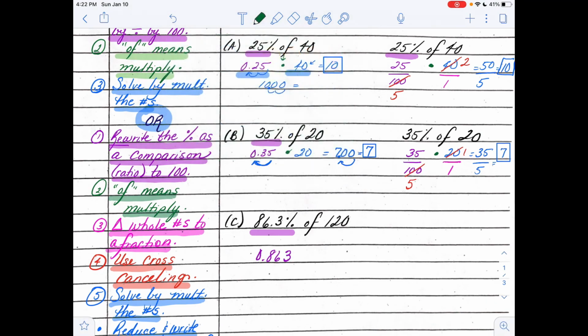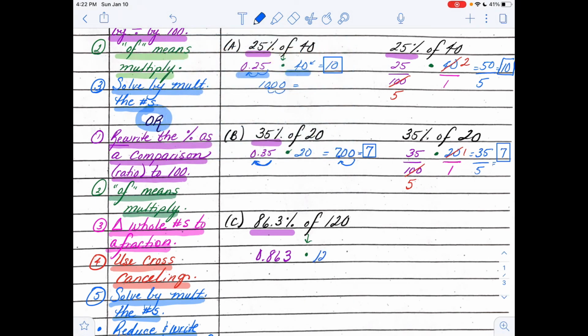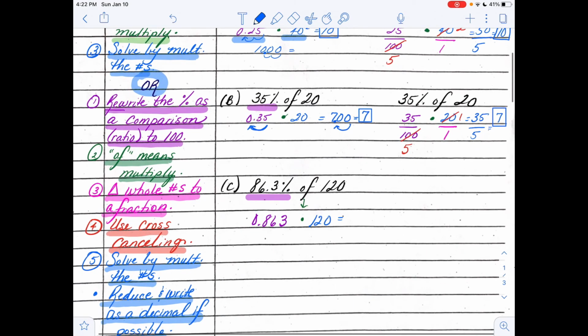Of means to multiply, and let's multiply that by 120. Now all I have to do is multiply these numbers. So let's put 120 times 0.863.